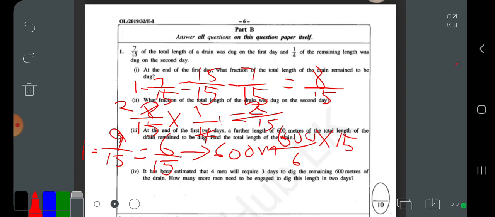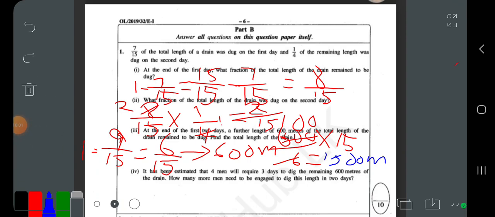Then we will get the total. So 100 multiplied by 15, then the answer is 1500 meters.